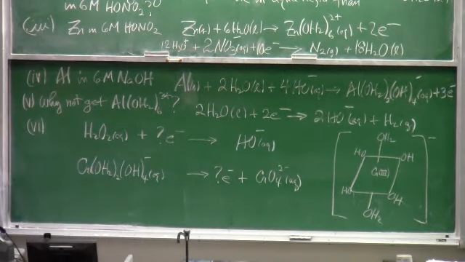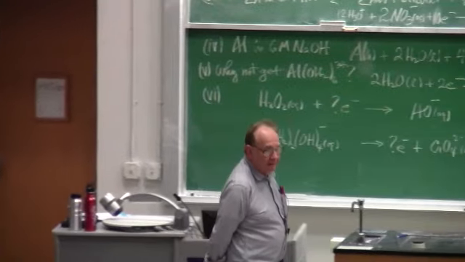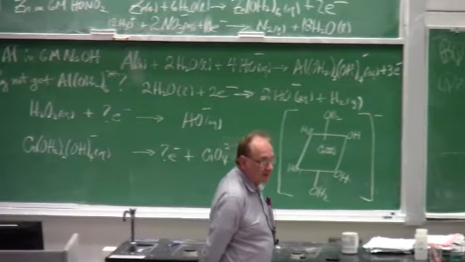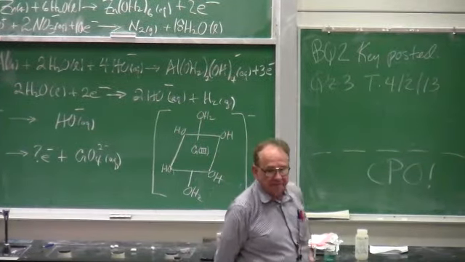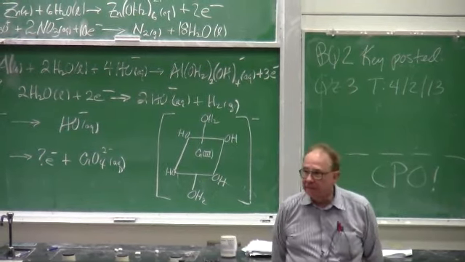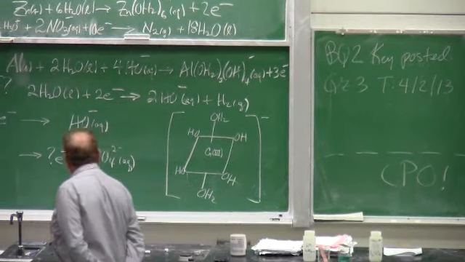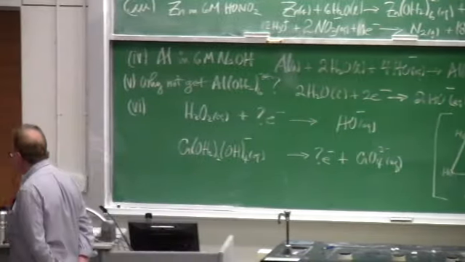Part 4. Chemistry which you will observe if you place a piece of aluminum in concentrated sodium hydroxide solution. Hydrogen will be liberated as the aluminum goes into solution. The aluminum will go into solution as the so-called aluminate ion.